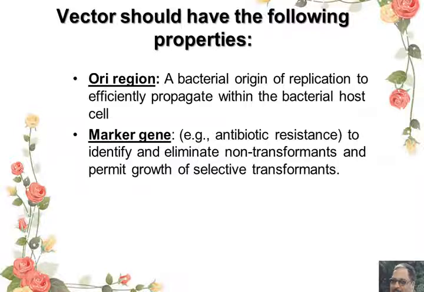The most commonly used selectable markers are the antibiotic resistant genes such as ampicillin, tetracycline, kanamycin, etc. Remember, the normal E. coli cells do not carry any resistant gene against any of these antibiotics.